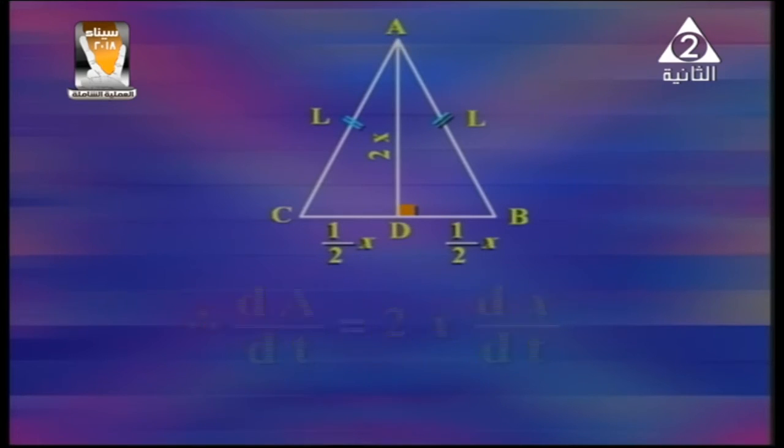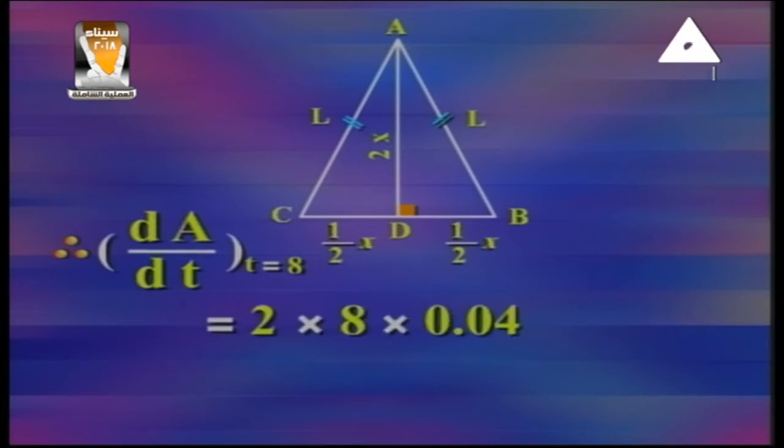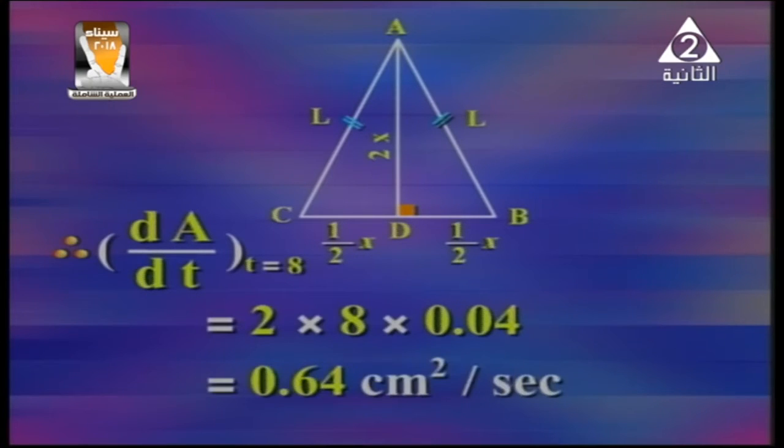Remember, dear student, dA over dt when x equals 8, by substitution with x equals 8 and the change being 0.04, equals 2 times 8 times 0.04 equals 0.64 centimeters squared per second.